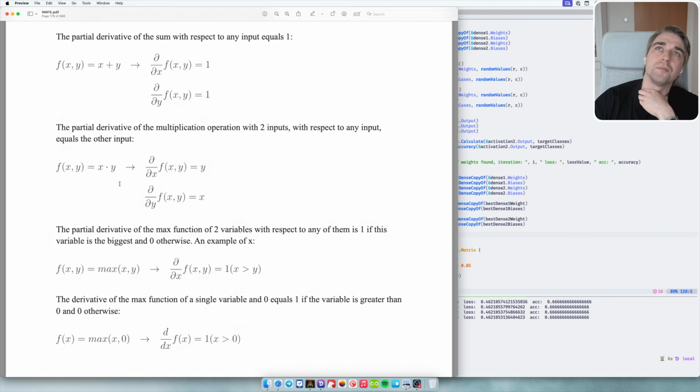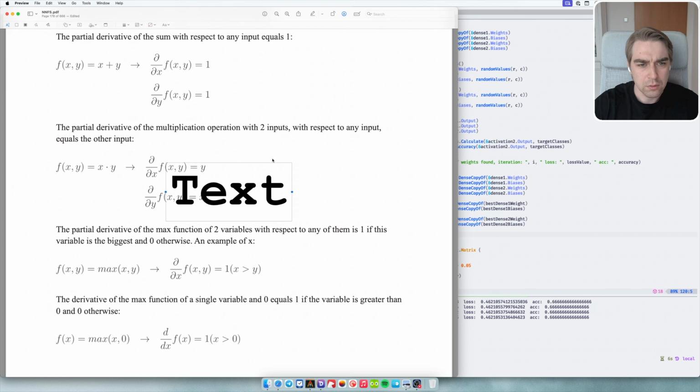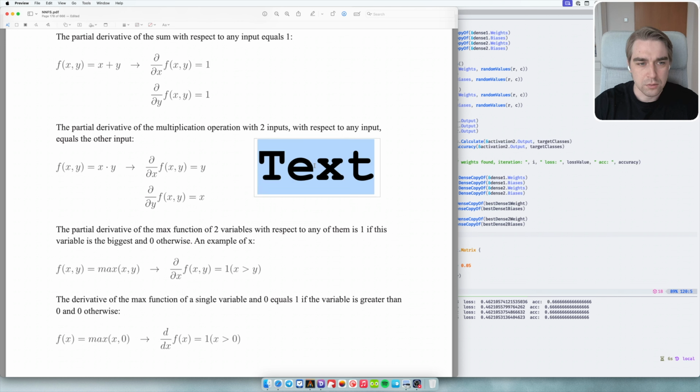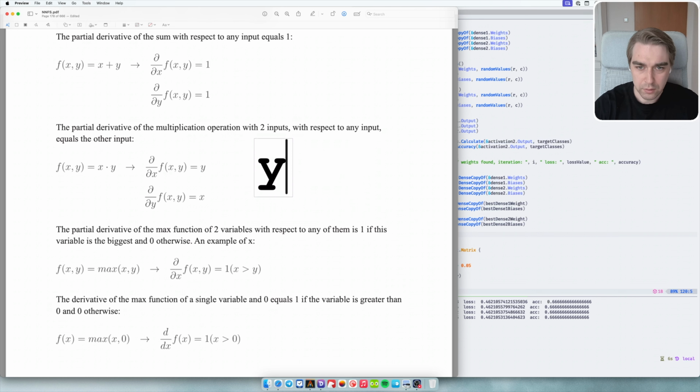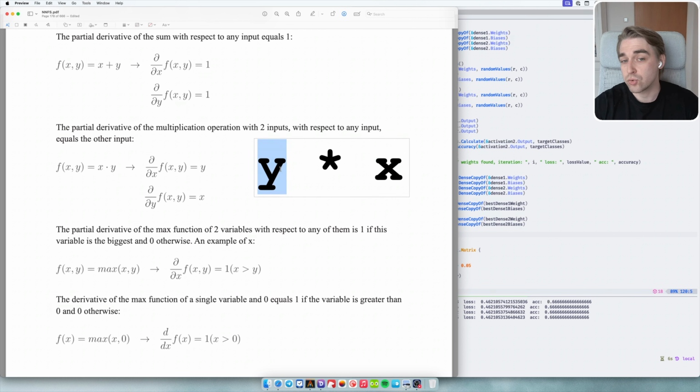Well, actually you treat it as a constant. So it should be written like y multiplied by x, and then we take the derivative from the x, treating y as a constant.